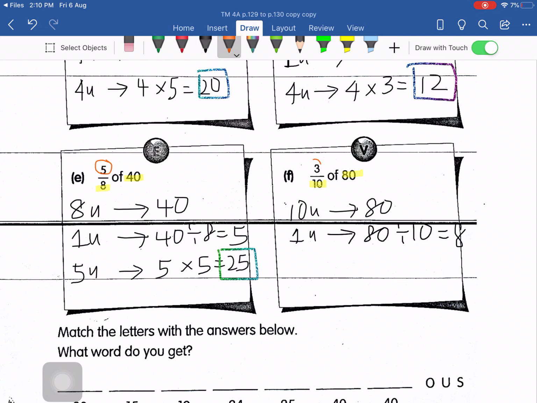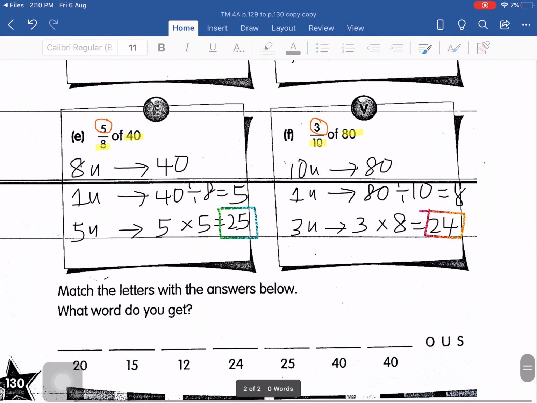Looking at the question, it is asking 3/10 of 80. So 3 represents 3 units, or 3 groups. Since we know one group is 8, 3 groups is 3 groups of 8, which is 24. So we found that 3/10 of 80 is 24.